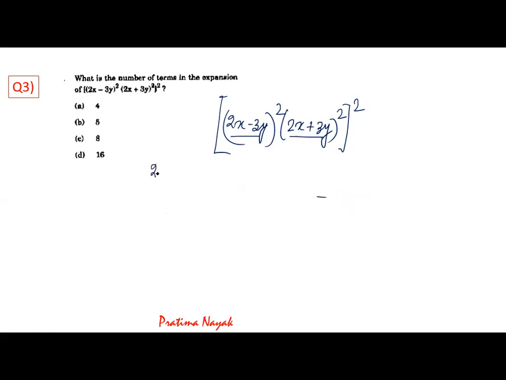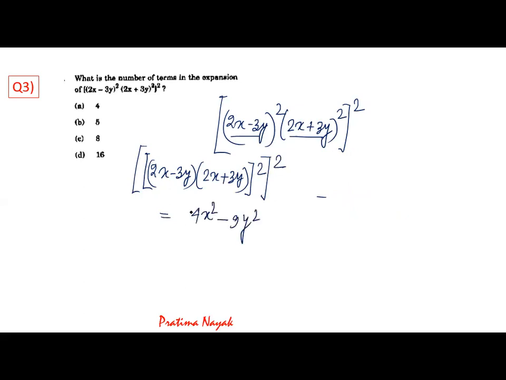It will be the same as (2x minus 3y) multiplied by (2x plus 3y) and whole squared, because both have a square, and another square is there. So this will be (4x squared minus 9y squared) whole to the power 4. So this is a binomial expanding up to power 4, so it will be 4 plus 1, 5 terms. So where is the answer? The answer is this.